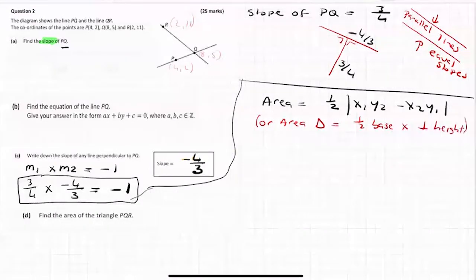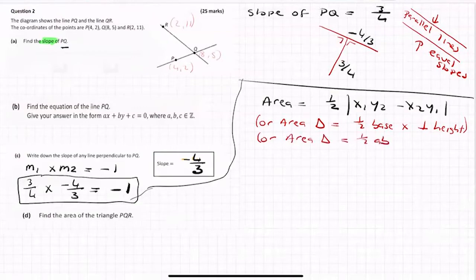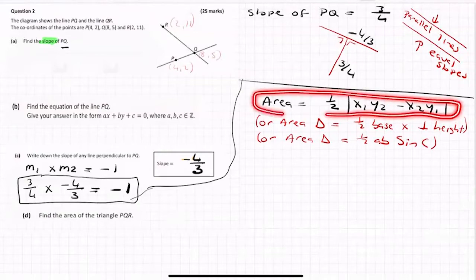That's another one that's in your toolkit from different chapters. Or you can get the area of a triangle from trig as half ab sine C. So as part of your course, there's a lot of formulas for finding the area of a triangle. This one we call from coordinate geometry.